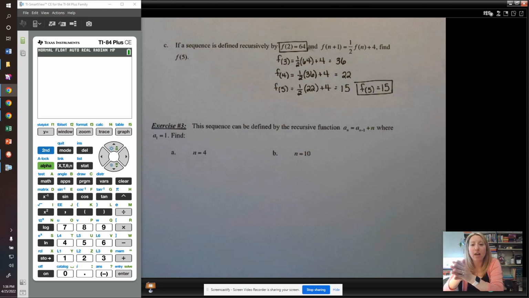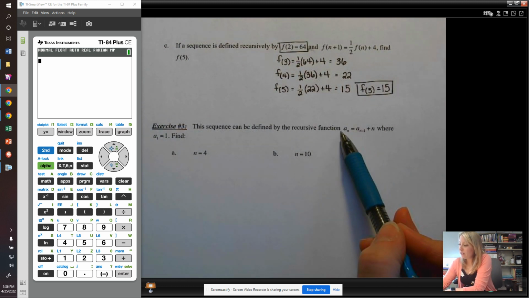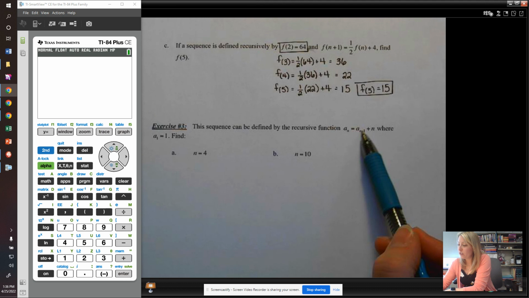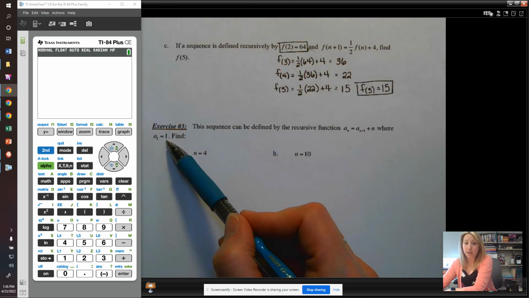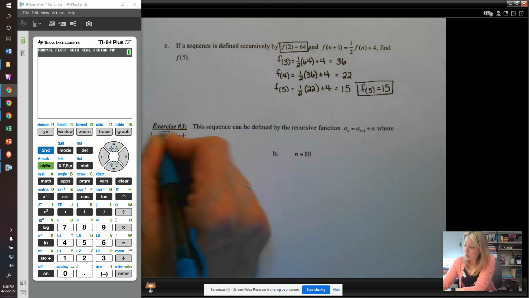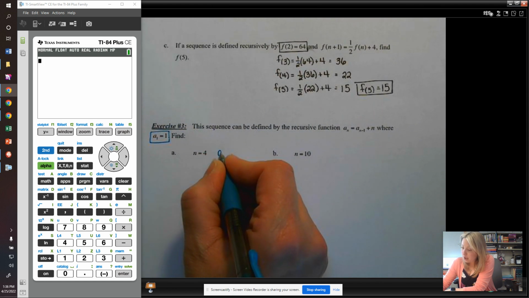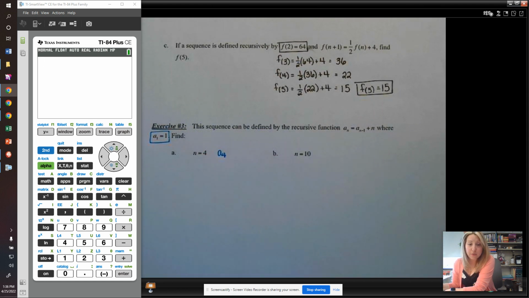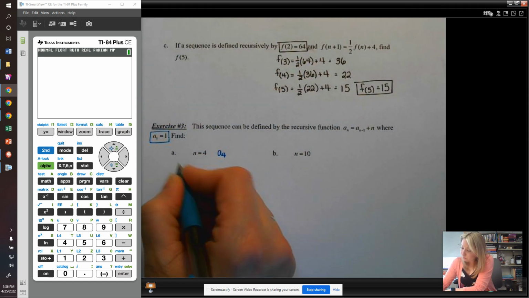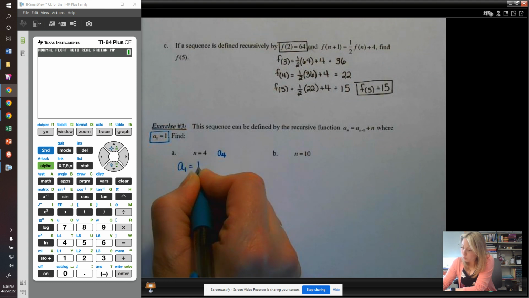So we have some different n numbers that we're starting with and then continuing from there. So how about I get you started and you get me to 10? Let's do it that way. So let's see. A subscript n, where the previous term plus n is how we want to go. Let's start with a subscript 1, and we need to get to a subscript 4 over on this side. So a subscript 1 is 1.